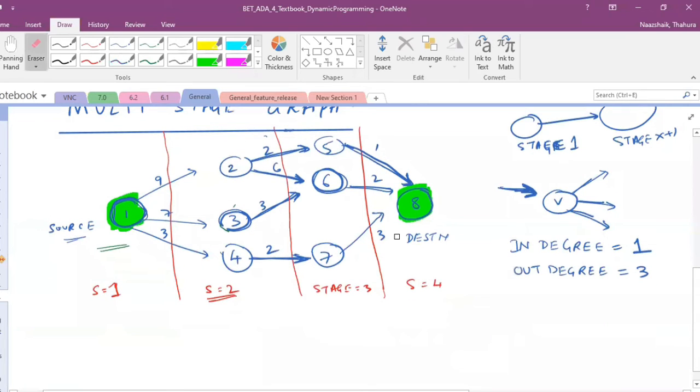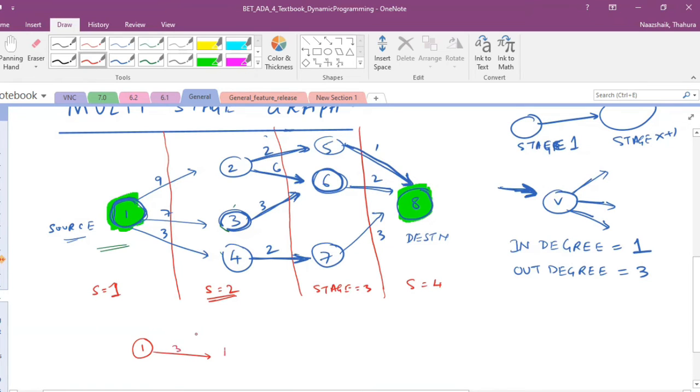Now, if you don't apply a particular algorithm and have to do it manually, how will you do it? You will pick one vertex. Let's pick, say, vertex 1. Let me pick this 3.